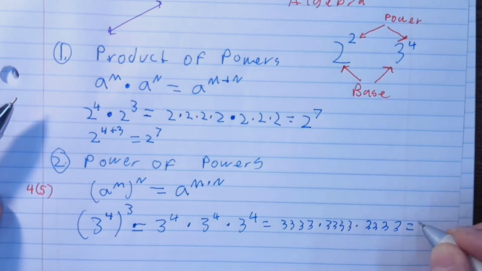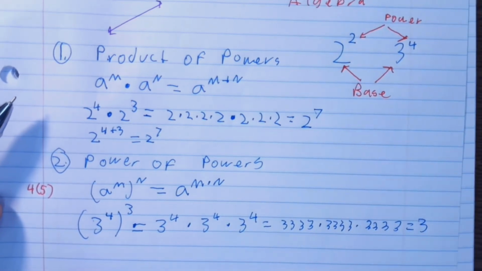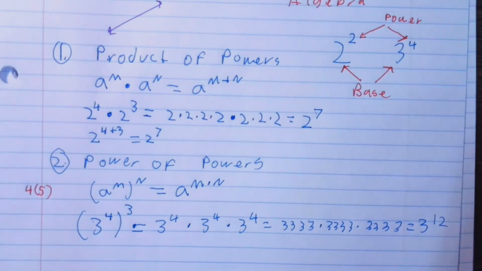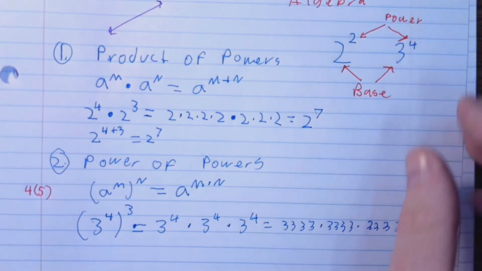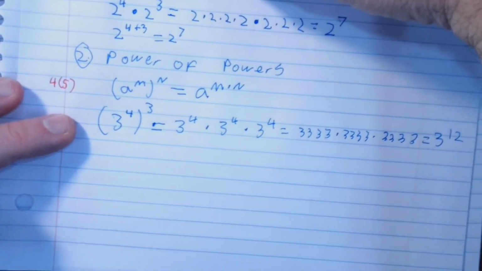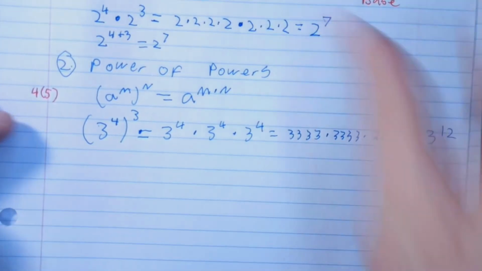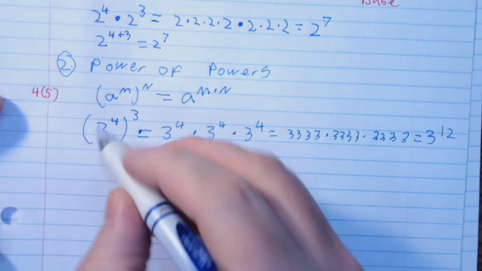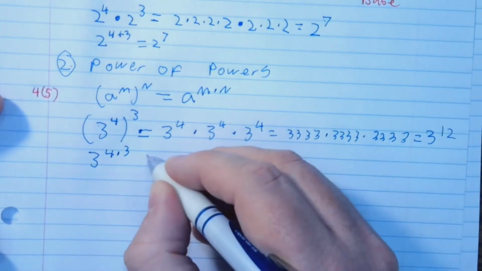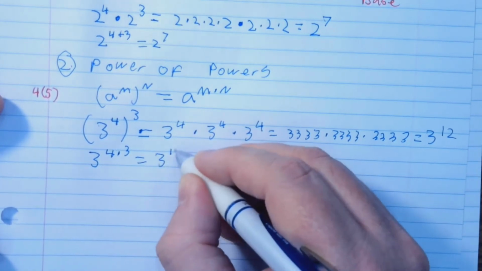So what is that going to equal? 3 to the what power? Okay, that's a lot of work, and our goal is not to do a lot of work. Our goal is to get it correct. So we're going to do it the algebra way, which is just do 4 times 3 equals 3 to the 12th.